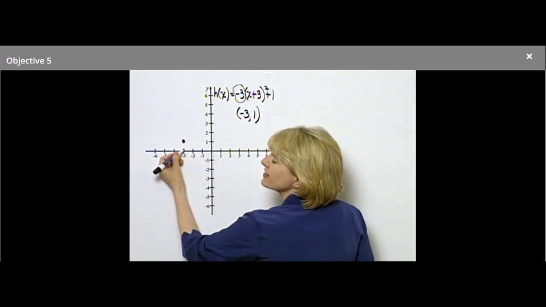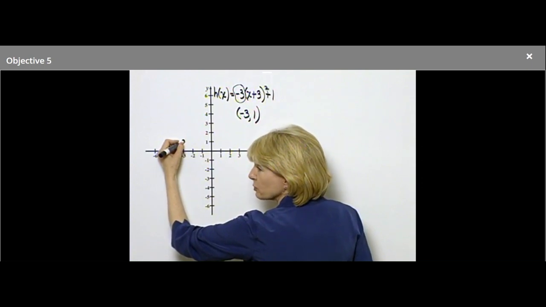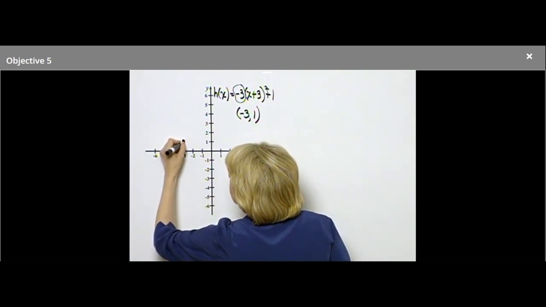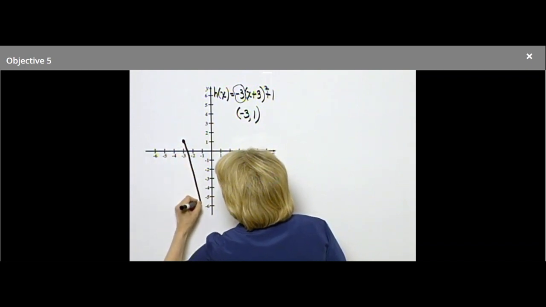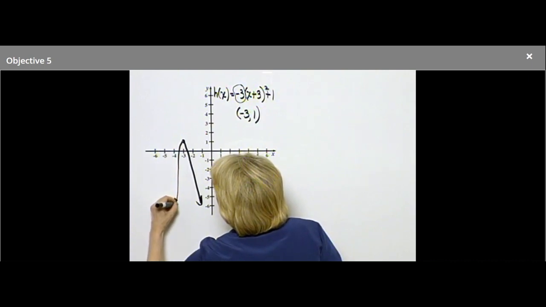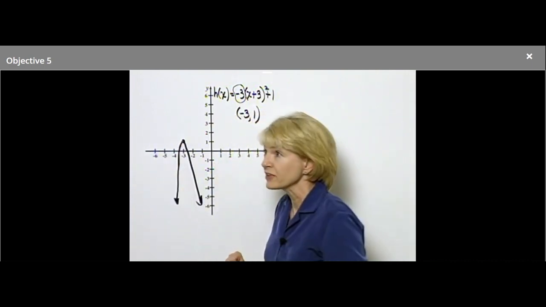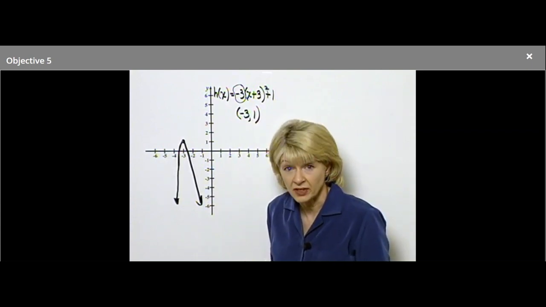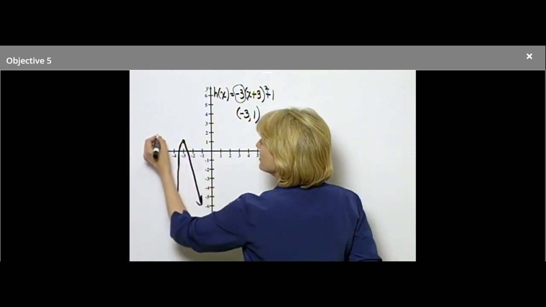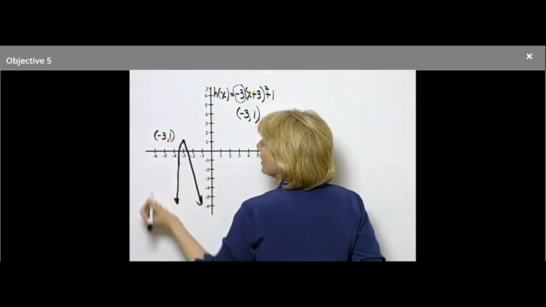Let's go ahead and then sketch, and that's all we're doing is sketching. I'm going to sketch a parabola opening downward and narrower than usual. There you go. And hopefully that looks like a function. Remember, everything that we are graphing is a function, so it passes the vertical line test. There we have it. My vertex has coordinates -3, 1.